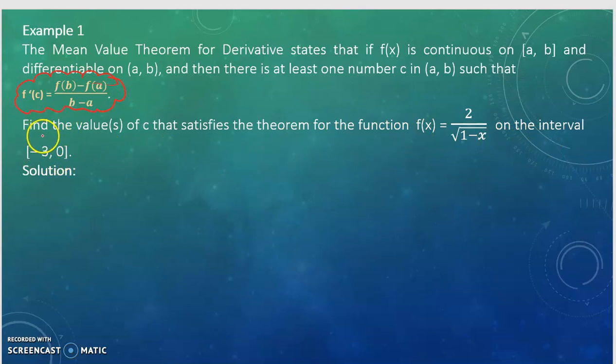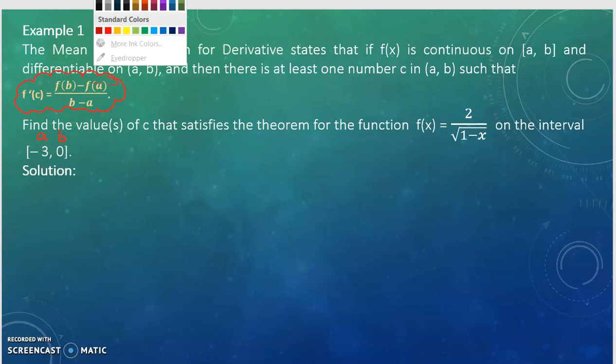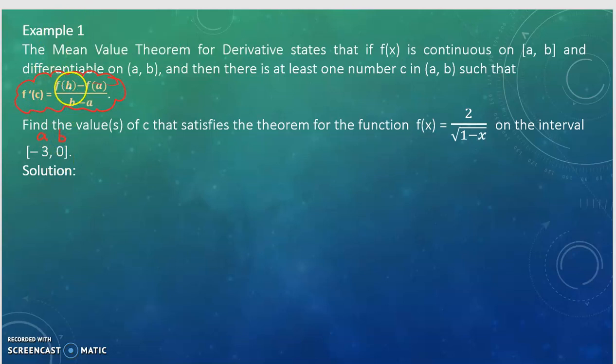So here -3 is the value of a, and 0 is the value of b. By referring to this formula, first we need to differentiate the function and then substitute the value of c.